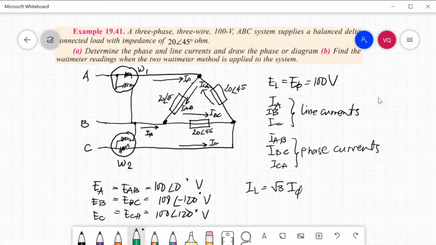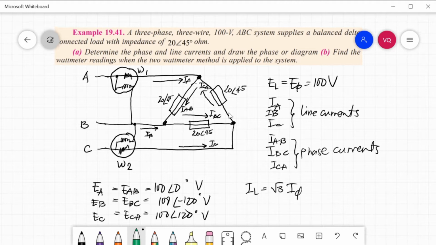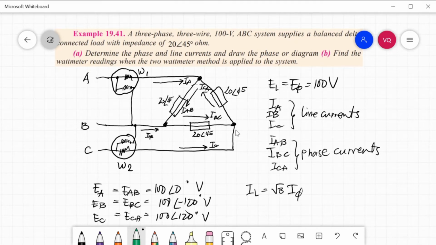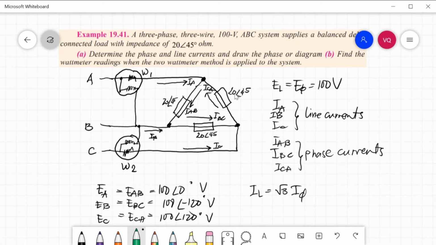So we have a delta connected load which has a per phase load of 20 angle 45 in phase CA, phase BC, and phase AB. And we have these lines. Line to line voltage equal to 100 volts and line currents IA, IB, and IC.